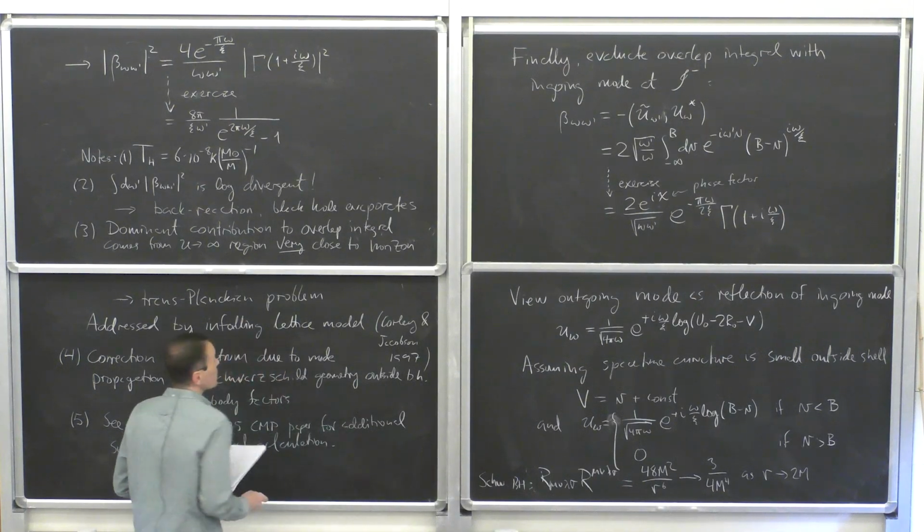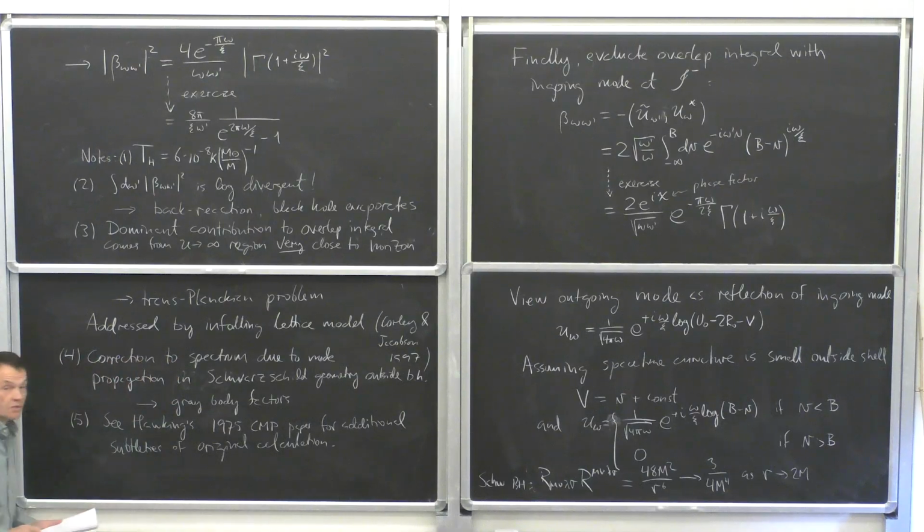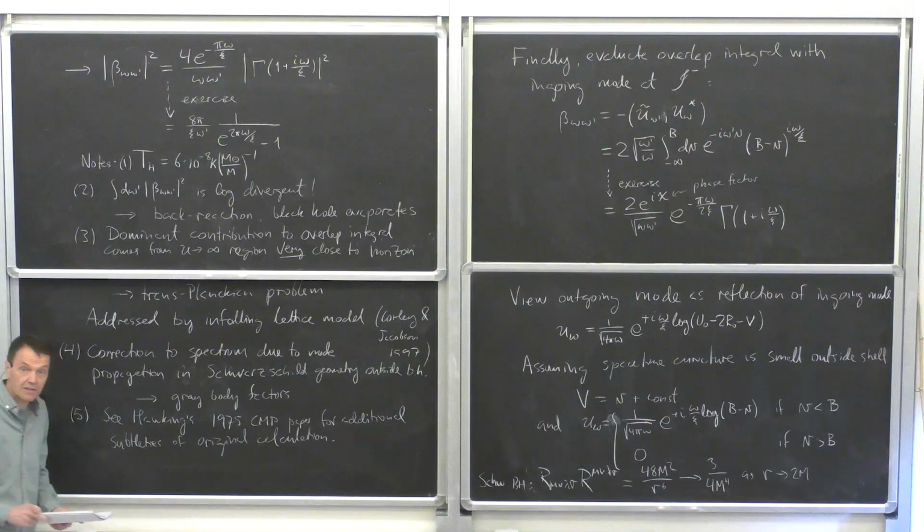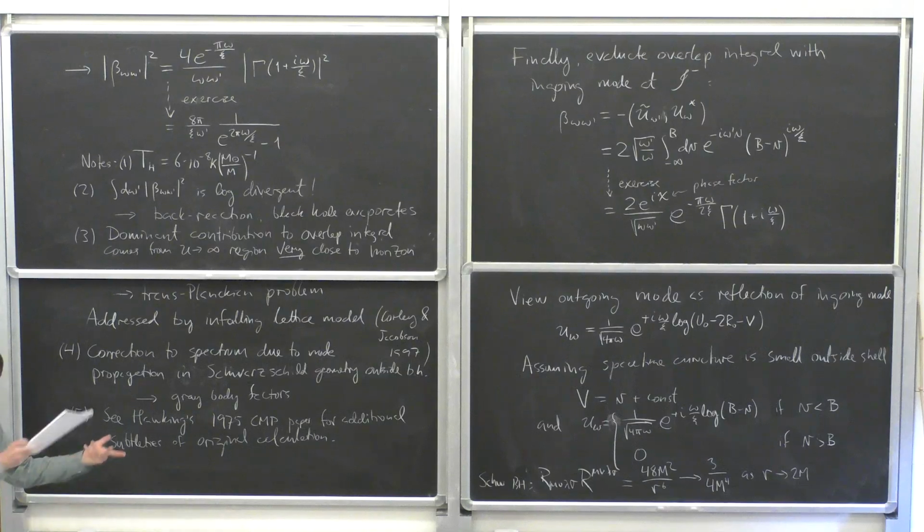For example, there's one thing you may have noticed. I completely sidestepped the issue of what happens to things that go into the black hole. They were simply not needed for this answer. But Hawking does discuss that in his paper, and that is also, of course, what led him, shortly afterwards, to pose his famous information paradox, because that has to do with the stuff that goes into the black hole.